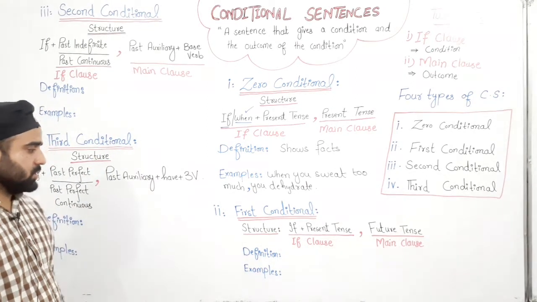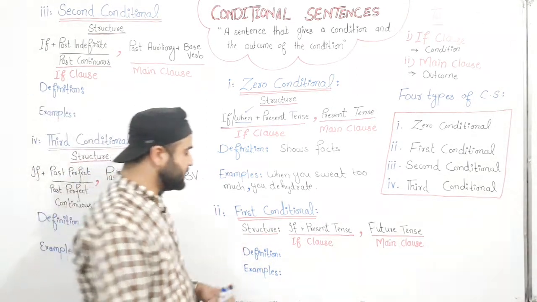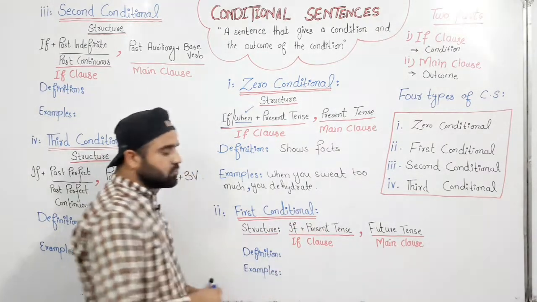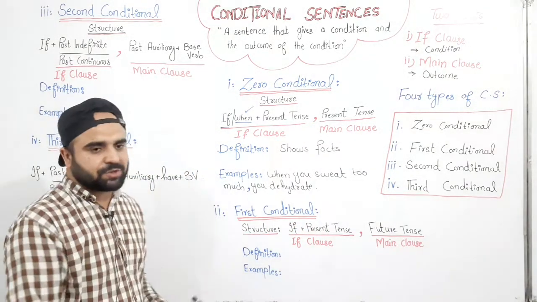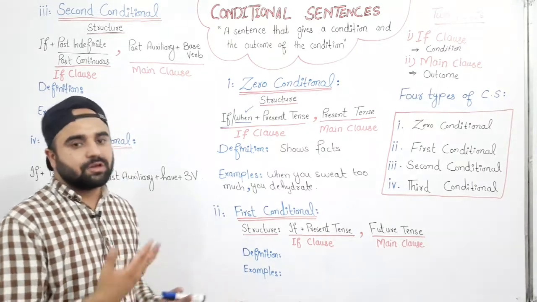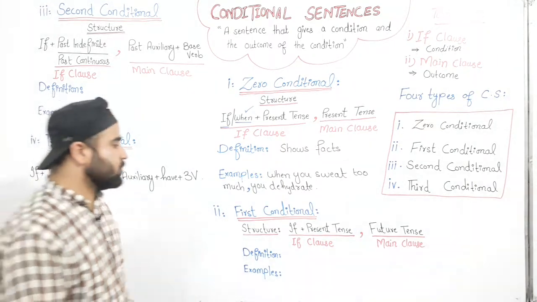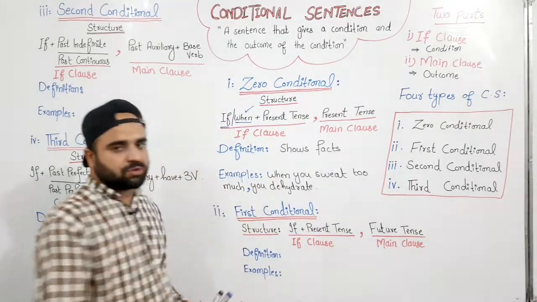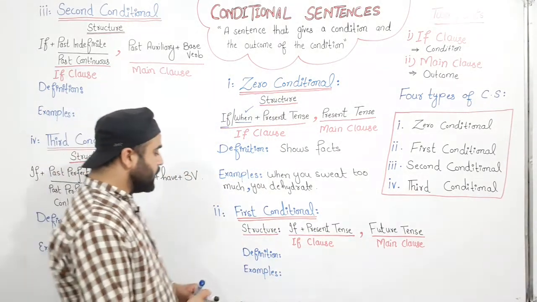First conditional. The structure for first conditional is if plus present tense. So present tense, any of the four aspects of present tense: present indefinite, continuous, perfect, or perfect continuous. And the main clause will take future tense. So any aspect of future tense can come there.